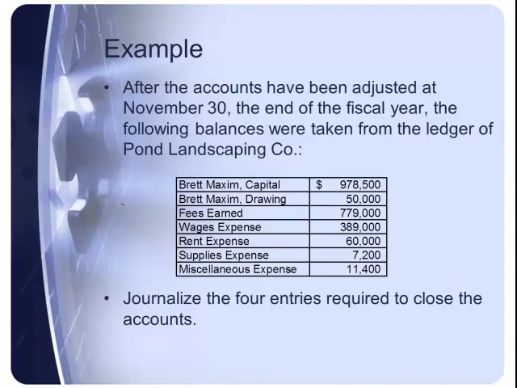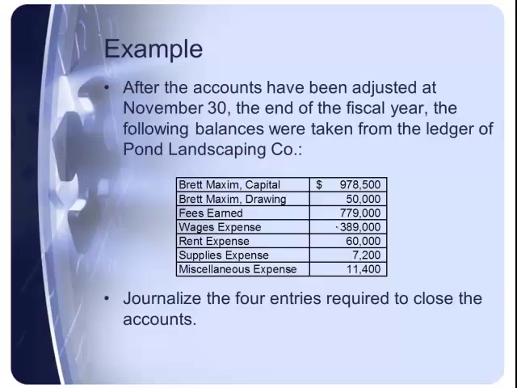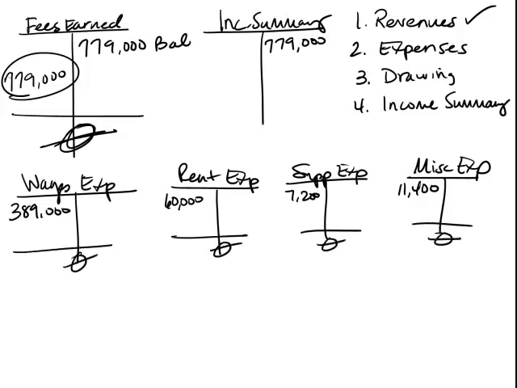Okay, so $389. We know it goes on the left side. So put the balances in each of the T accounts for those. This is what we would see if we looked at the ledger. We want all of these to be 0. We're clearing out the expense accounts. We're closing them.